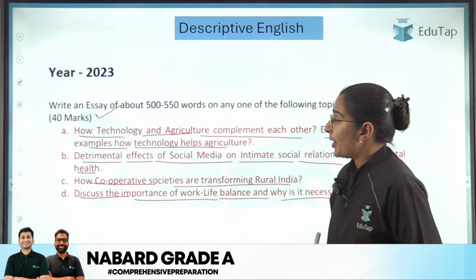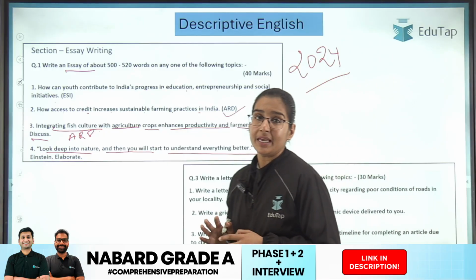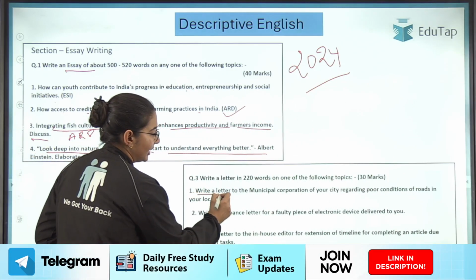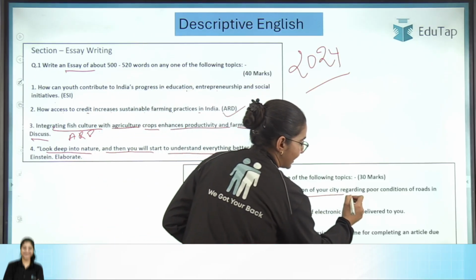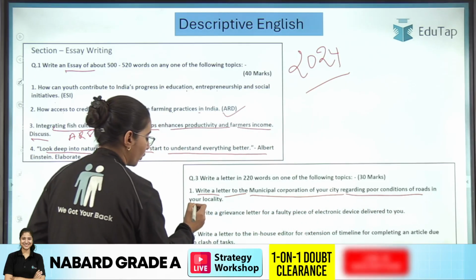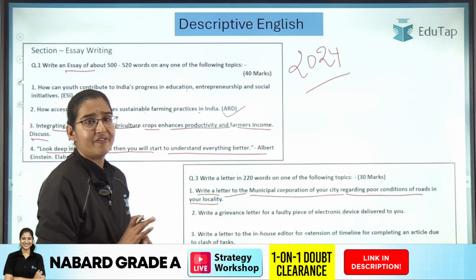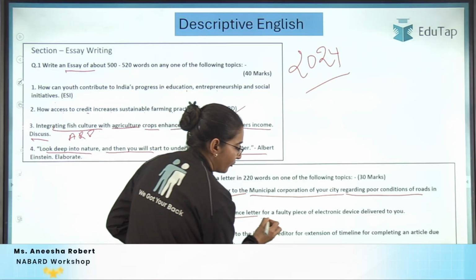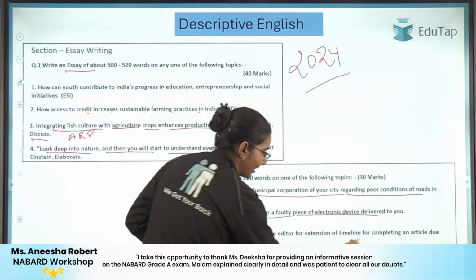Now, let's talk about the kind of questions which are being asked in the letter writing. For the letter writing, if you see, write a letter to the municipal corporation of your city regarding poor conditions of roads in your locality. Again, a very generic letter to write. Write a grievance letter for a faulty electronic device delivered to you.